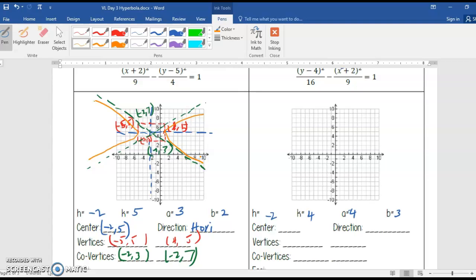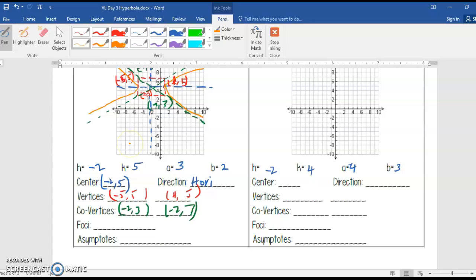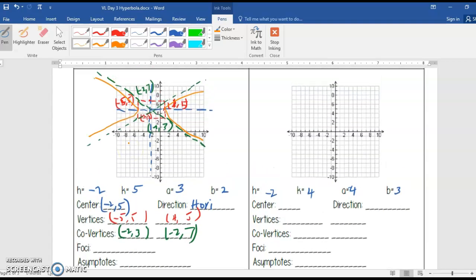Okay, not bad. Now we have to find the foci. To find the foci, you have c squared equals a squared plus b squared, and so c squared is 9 plus 4, so c is square root of 13, plus or minus, of course. So the foci will be horizontal also, right?